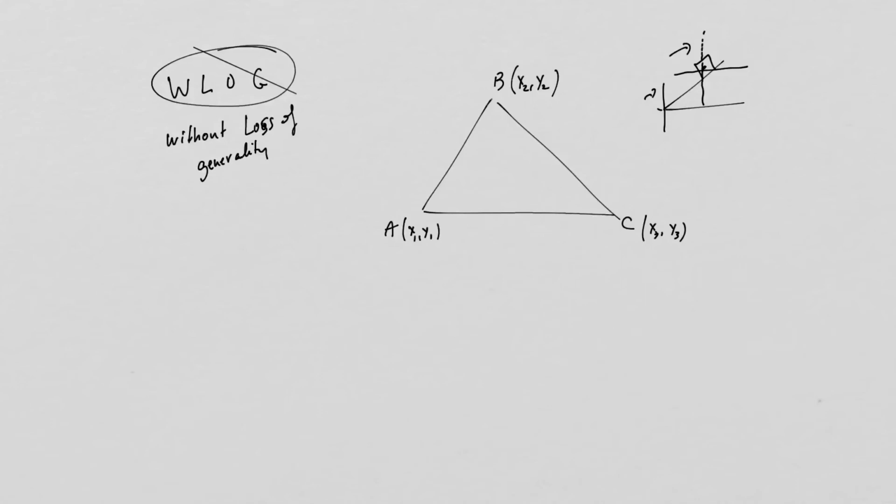Maybe you can. The best case scenario, you're going to waste time. The worst case scenario is you can't solve it. So what do we do? Without loss of generality, what I can do is put this line segment on the x-axis and put this point on the origin.